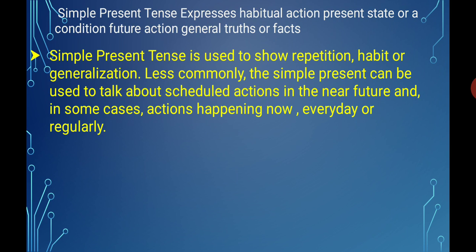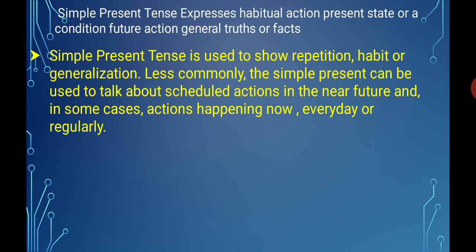Less commonly, the simple present tense can be used to talk about a scheduled action in the near future and in some cases actions happening now, every day or regularly. It means that if something is your routine, your habit, your daily life schedule, it is called the simple present tense.